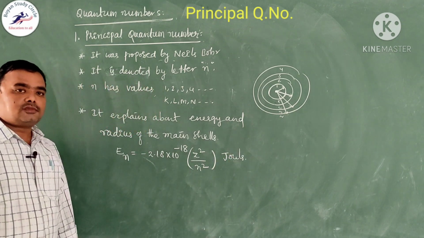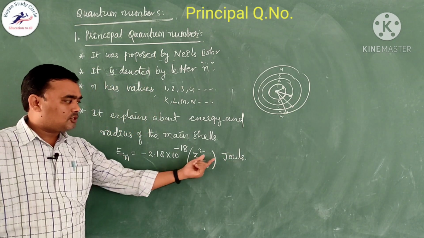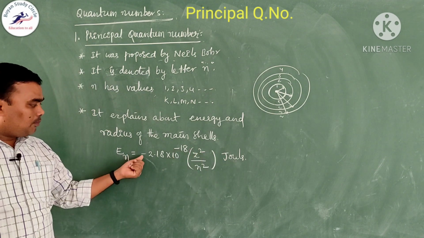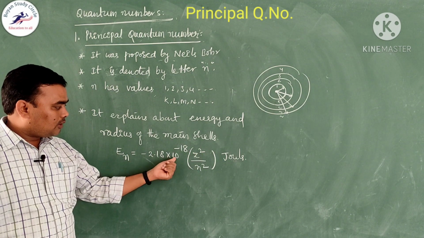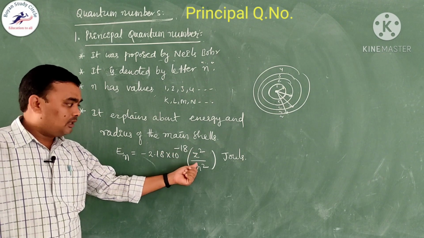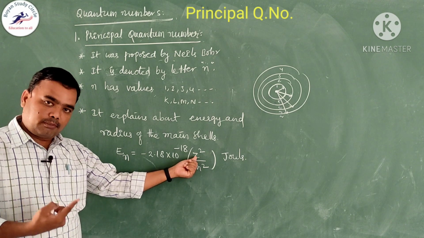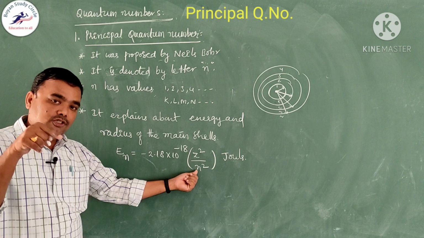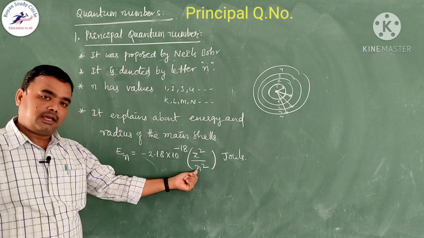Here Z means atomic number, and n means the orbit for which you want to calculate the energy.